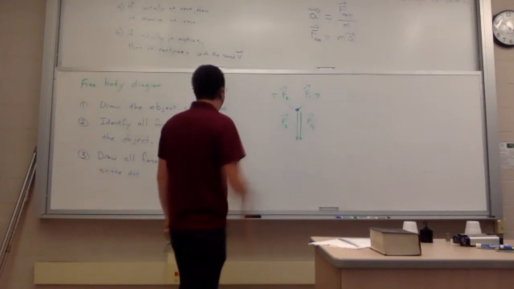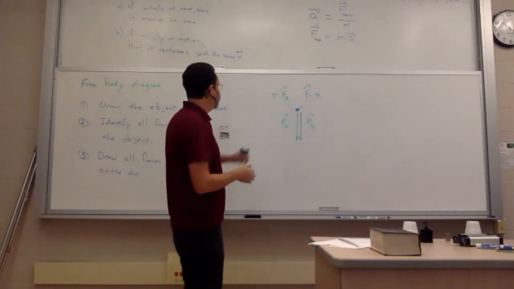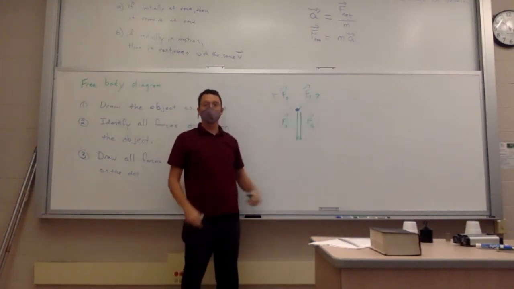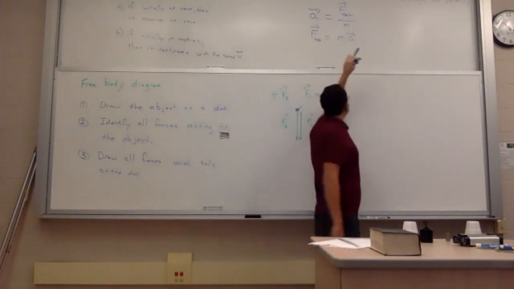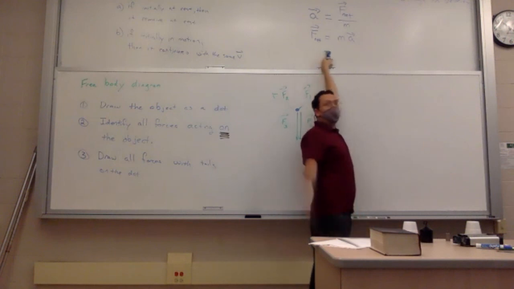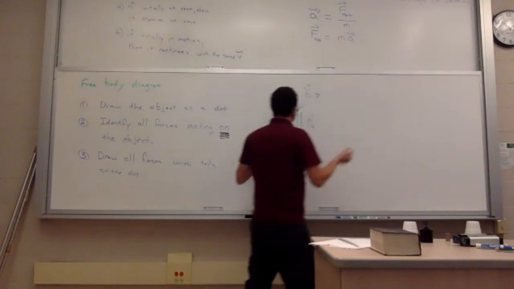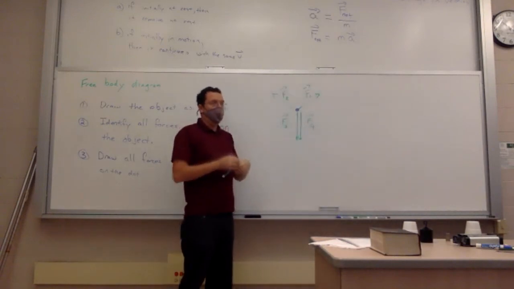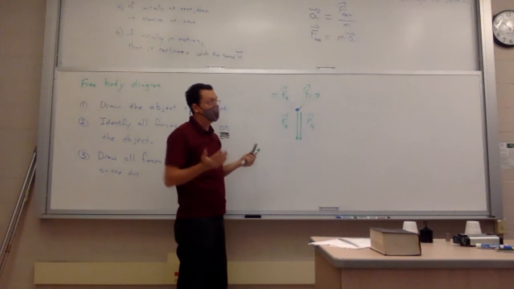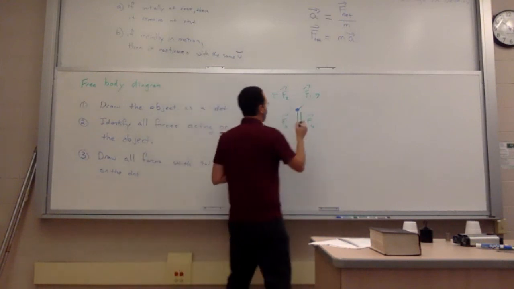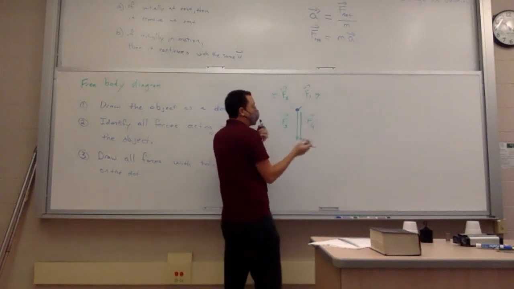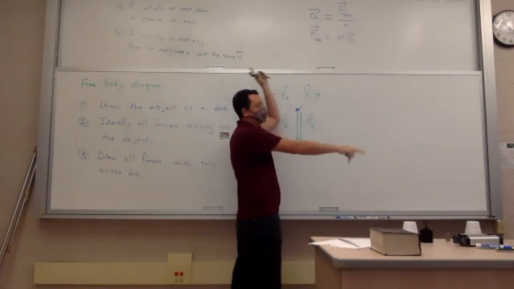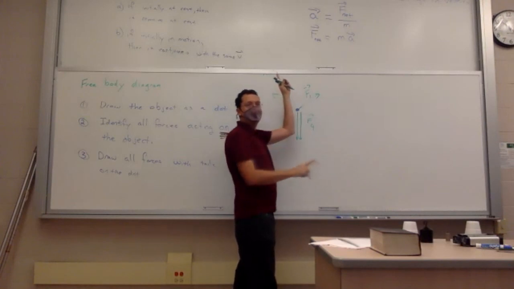Very good. Once we identify the forces, the goal is to solve this kind of equation. This is a vector equation, which means it has x components and y components. Almost always, when I have forces at different angles, I'm going to choose x and y, and usually I choose horizontal and vertical.